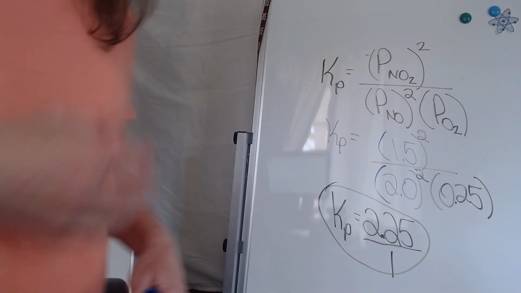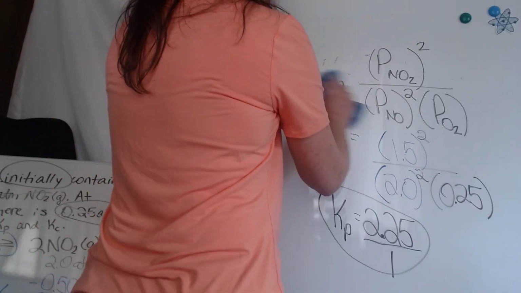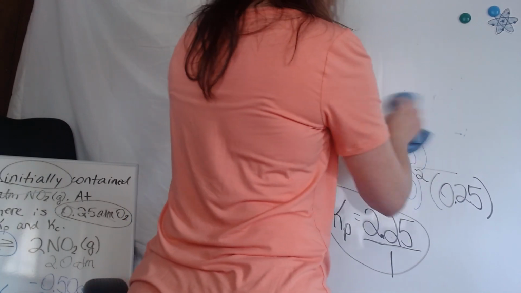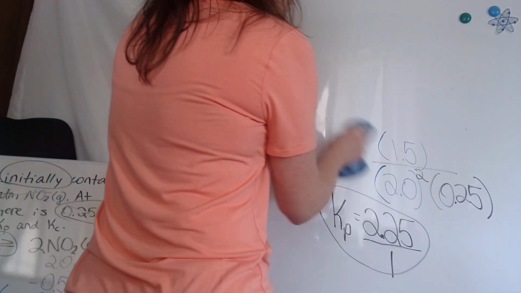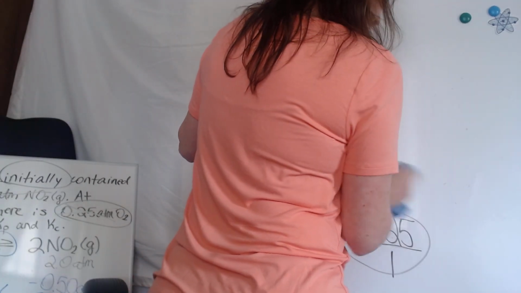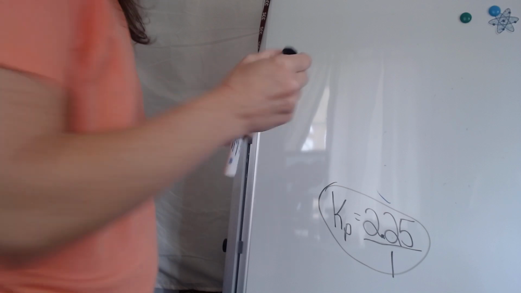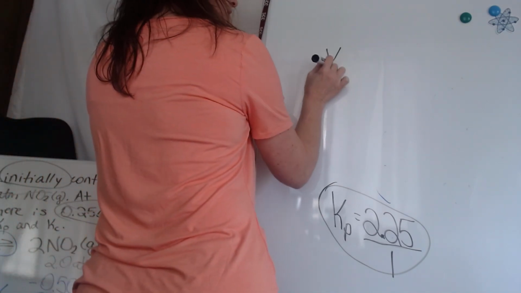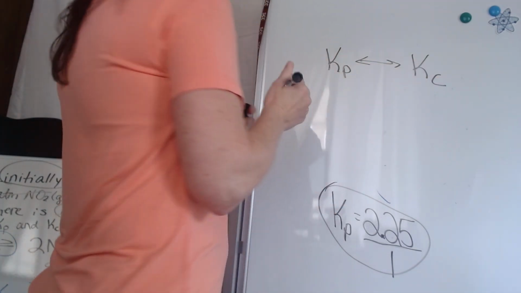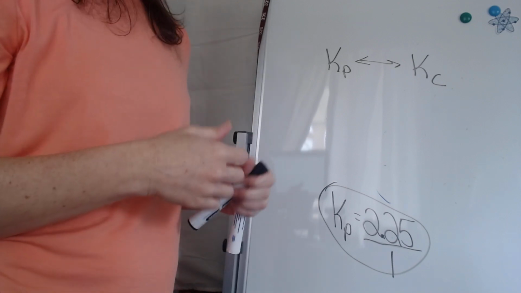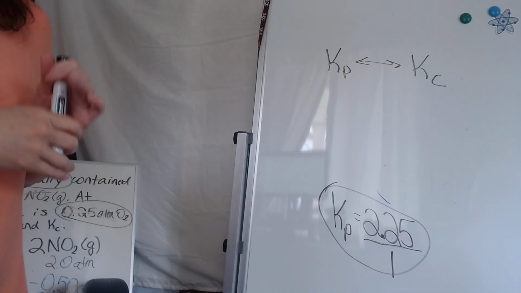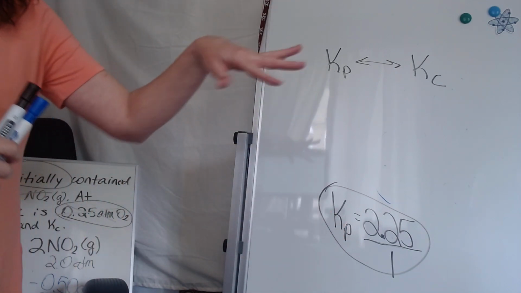And there was a special equation that I gave you last week to convert between K sub P and K sub C. And so see if you can go back in your notes and write down that equation and look at the data that I gave you and the reaction and see if you can convert between the K sub P and the K sub C. So pause the video, go back and look at your notes, find the equation that I gave you, and see if you can convert between the Kp that you just calculated and the K sub C.